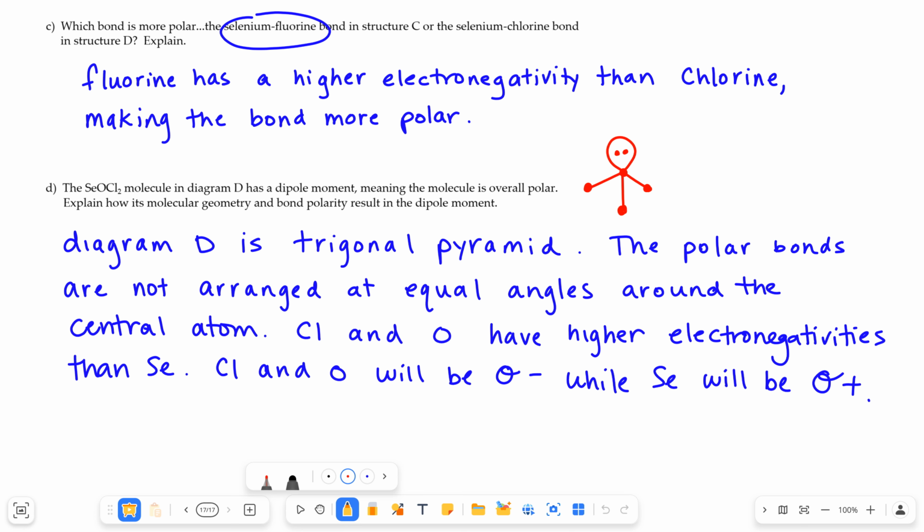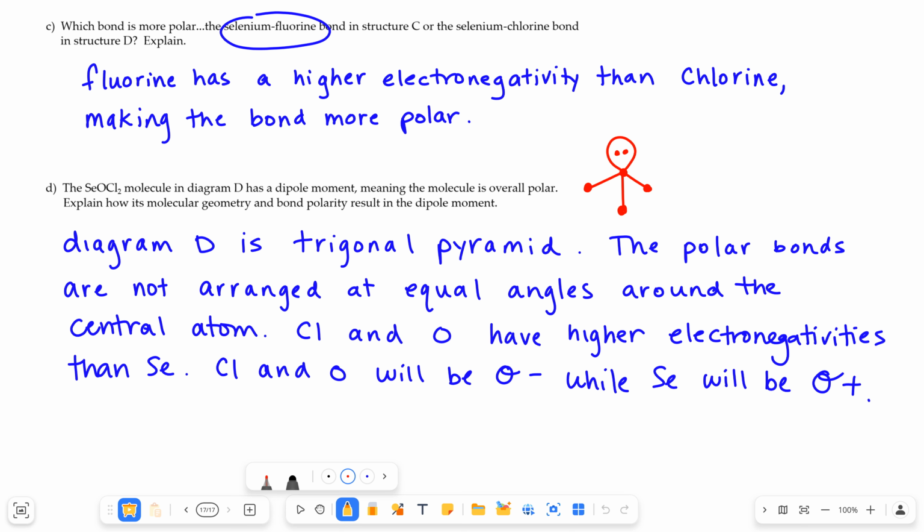Now the trigonal pyramid is not the trigonal planar. This thing does not have nice symmetrical, evenly distributed angles around the center, because of that lone pair adding another region of charge.